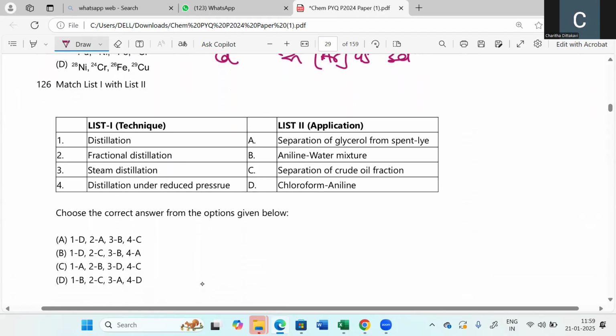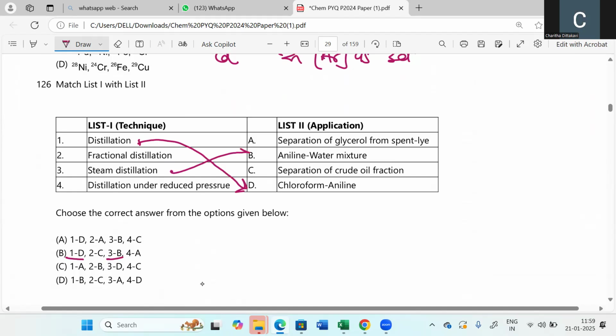Distillation and all these techniques you have to go with: distillation, fractional distillation, steam distillation, and distillation under reduced pressure. All right. Distillation will be 1D. Chloroform and aniline, these things are separated by the distillation process for sure. 1D. Then your answer 3B is definitely there.